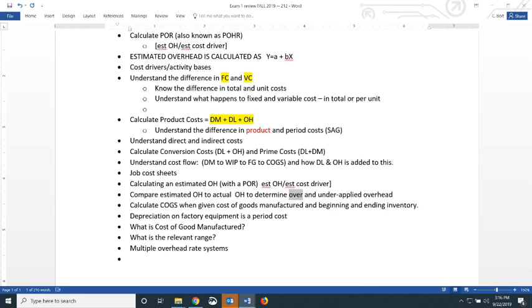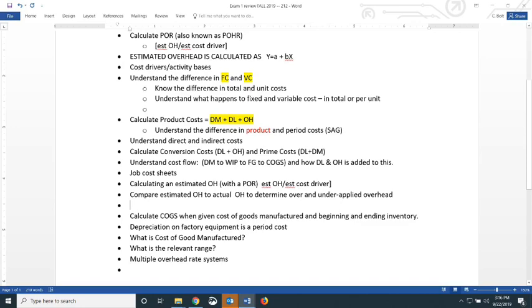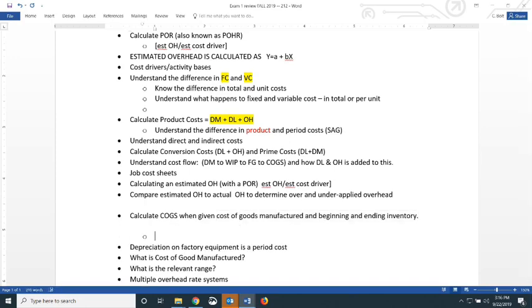Moving on. We did this in Chapter 2, and that is calculating cost of goods sold when you're given the cost of goods manufactured and beginning and ending inventory. So let's look at that formula here. It's beginning inventory plus additions. Sometimes that's purchases.